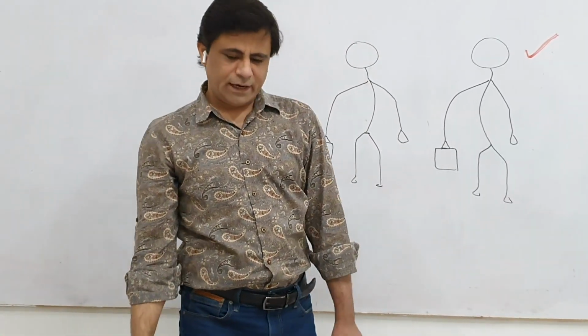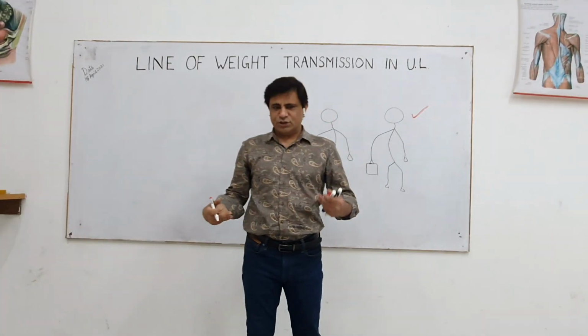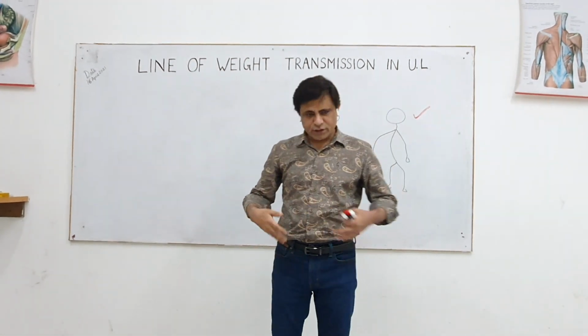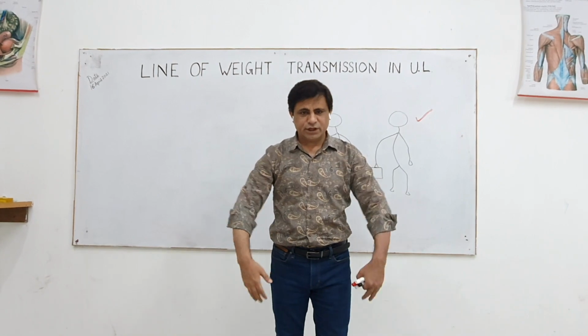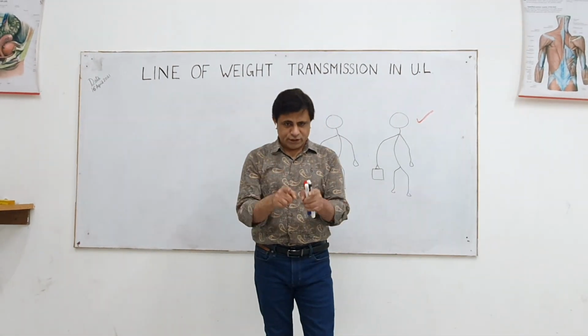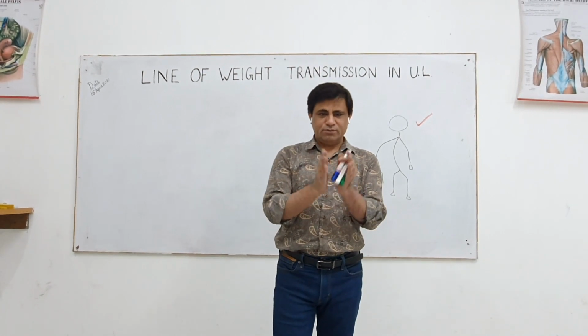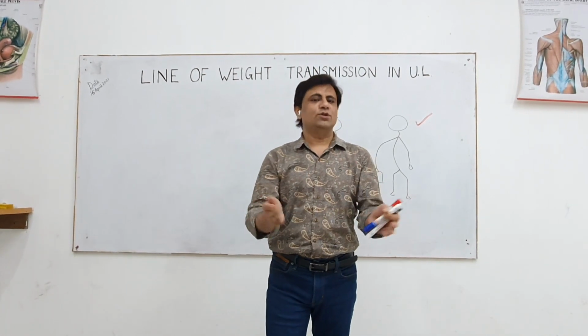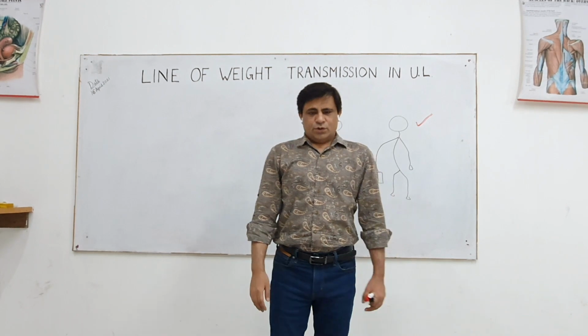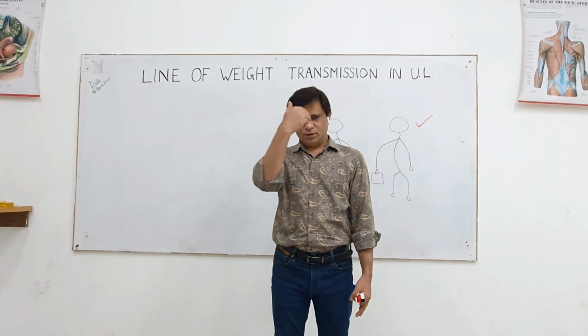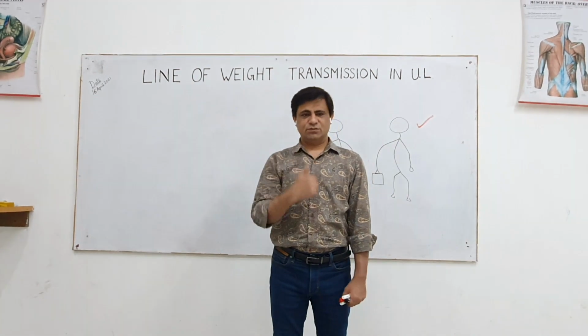Normally, if a person weighs 60 kg, 30 and 30 kg is shared equally to both the lower limbs. Remember, the sacrum is a V-shaped bone, and through the sacrum to the sacroiliac joint, the weight is shared to both the lower limbs. So 30 and 30 goes to both lower limbs, and your line of weight transmission passes through the center of the spine.